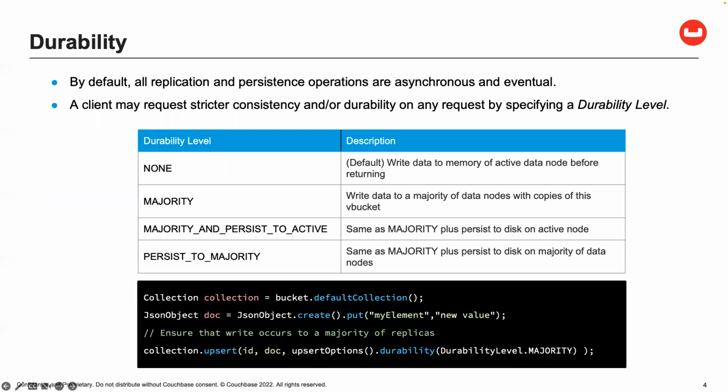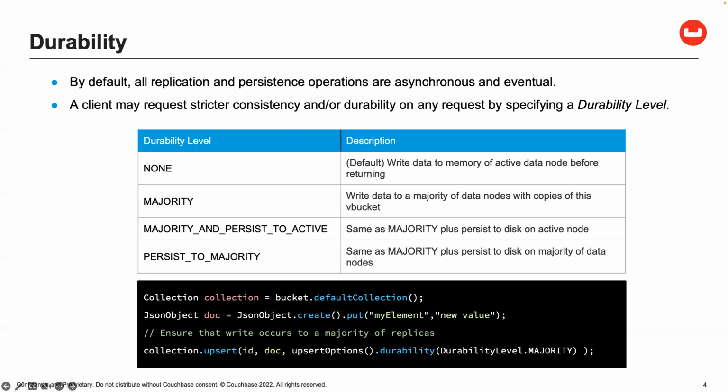So durability ensures the greatest likelihood of data writes surviving unexpected anomalies, such as, say, a node outage. So writes in Couchbase from the SDK or some other client are written to a single node. That's because it knows where every single document is. And from there, Couchbase Server will take care of sending that mutation to any configured replicas.